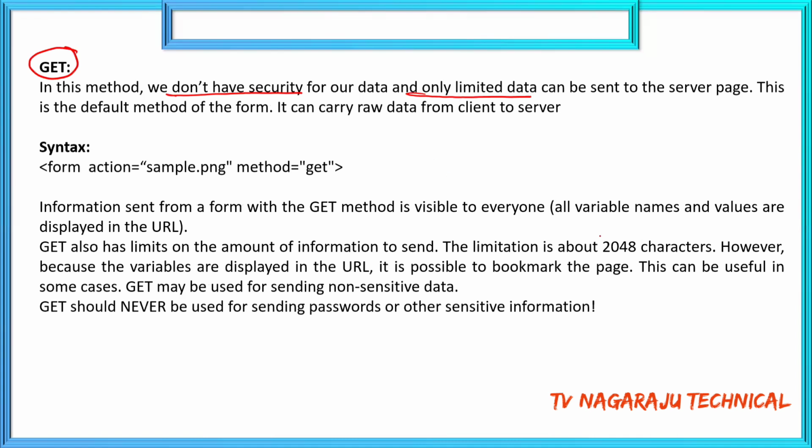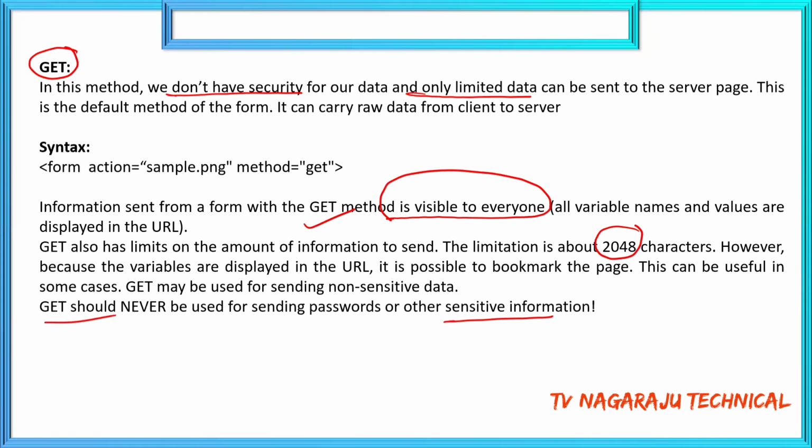Limited amount of data in the sense that only 2048 characters can be sent. Whatever information we are sending is visible to all. That is the get method. That is the reason, if you want to send sensitive information, the get method is not used.